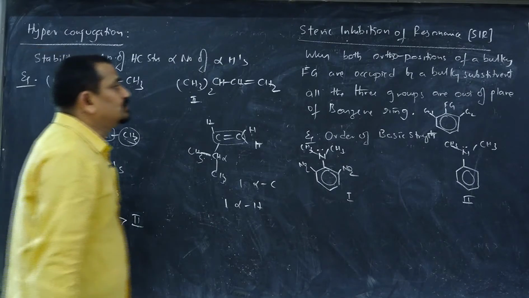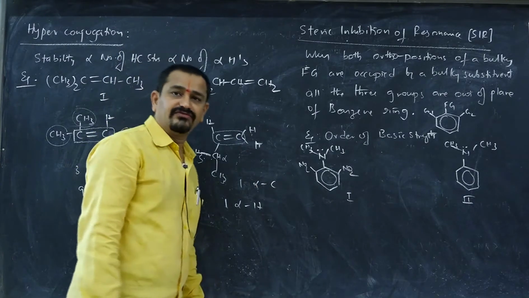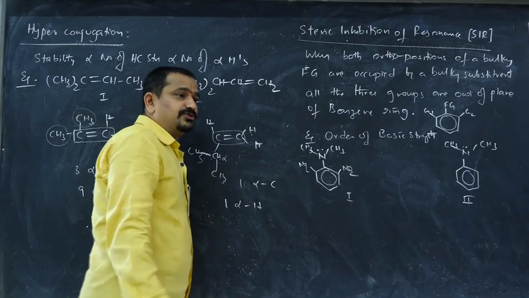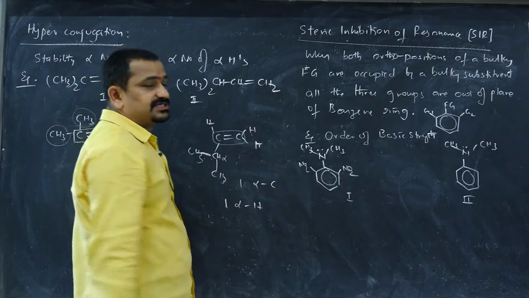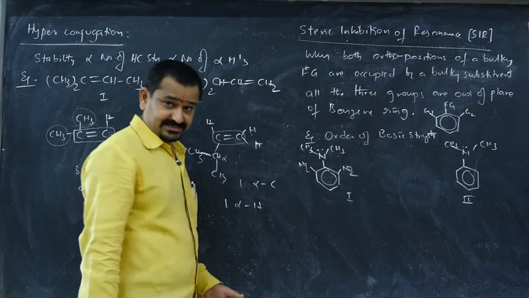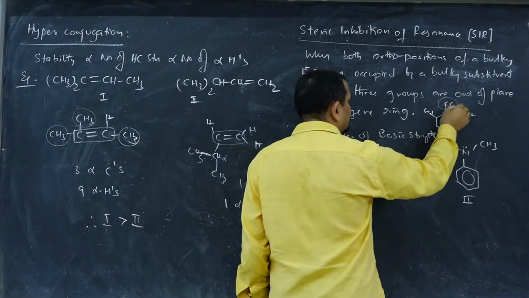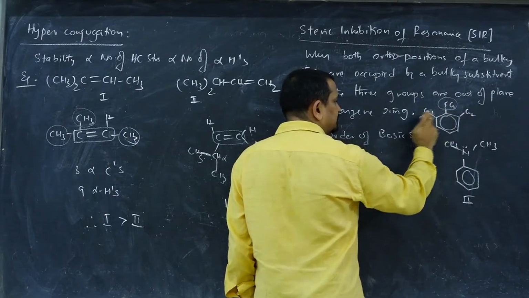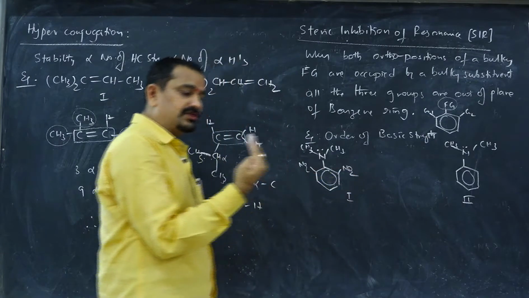And when it comes to an important effect called the steric inhibition of resonance effect, SIR effect, when both ortho positions of a bulky functional group are occupied by bulky substituents, like this. Suppose this is a functional group on the benzene ring. These two are ortho positions. When the two ortho positions are occupied by bulky substituents, then all the 3 groups will move out of the plane.